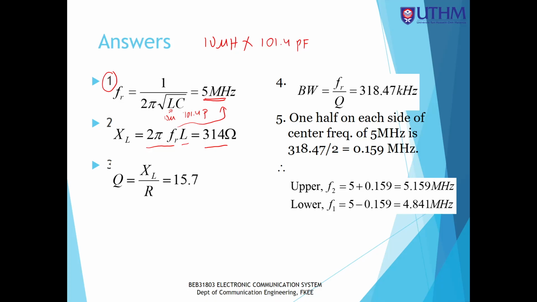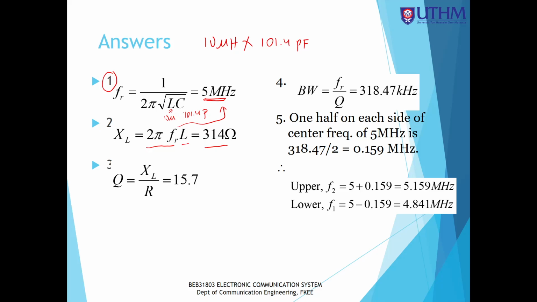I get 3.1843, then I multiply with 2 pi. I get 2.0 multiplied with 10 to the power of minus 7.